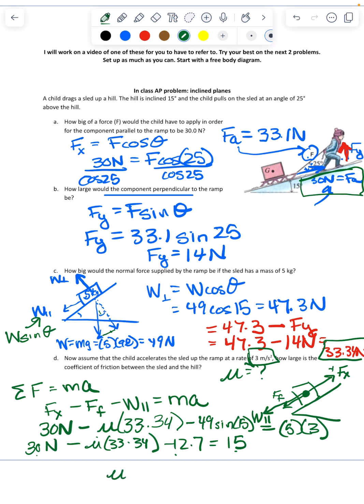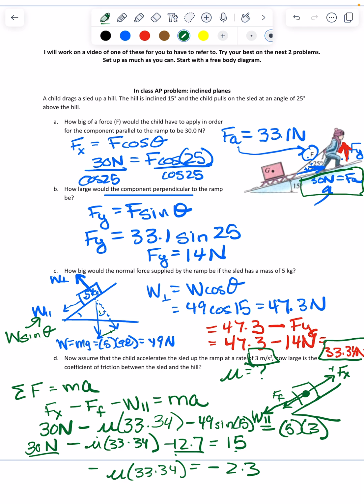And I get mu, let's see, I have it in my calculator here somewhere. Okay, so I'm going to have minus mu times 33.34 is equal to minus 2.3. Again, that's just 30 minus 12.7, and then take that and subtract it from the other side.